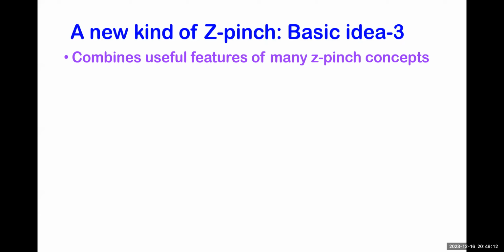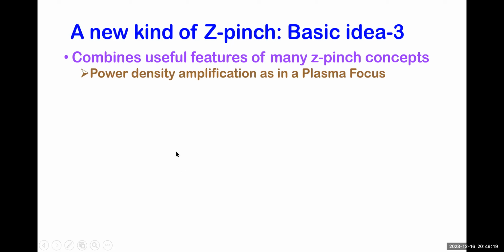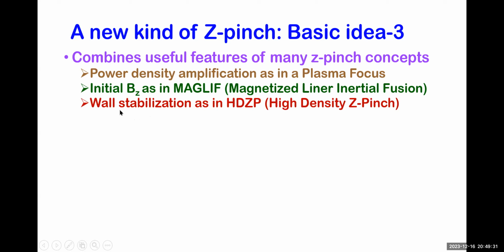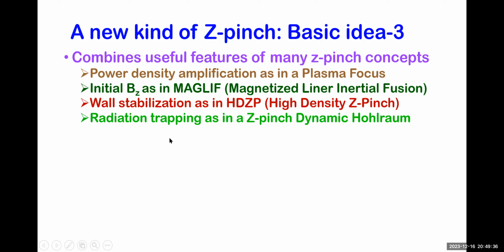So this idea combines useful features of many Z-pinch concepts. Power density amplification as in a plasma focus, as I mentioned deliberately. Initial axial magnetic field as in magnetized liner inertial fusion, that is MagLIF. Wall stabilization as in the HDZP, high density Z-pinch.